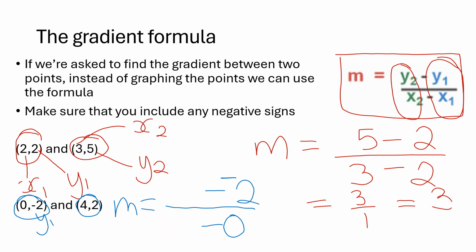We substitute in our second point. x2 is 4, y2 is 2. Now we've got 2 minus negative 2, which means it's 2 plus 2, it is a 4. 4 minus 0 is 4. 4 divided by 4 is 1.